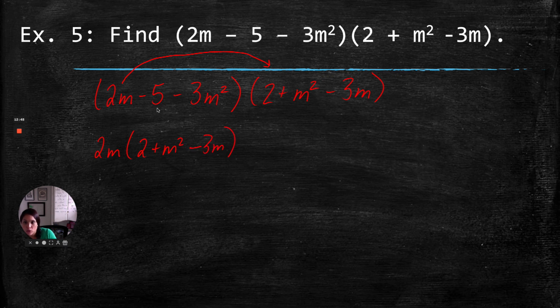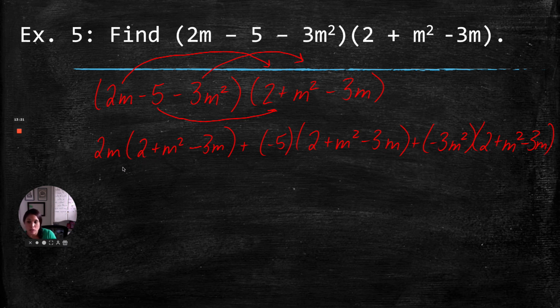And then I'm going to multiply negative 5 times 2 plus m squared minus 3m. And then my final term that I apply will be this negative 3m squared times 2 plus m squared minus 3m. Okay, take your time and just while you distribute, make sure you check your signs.